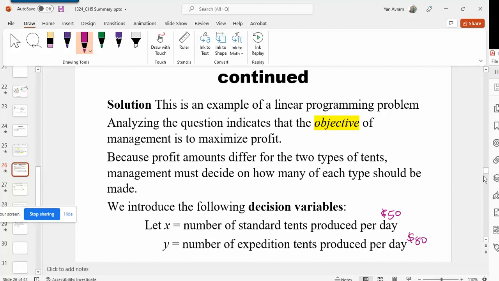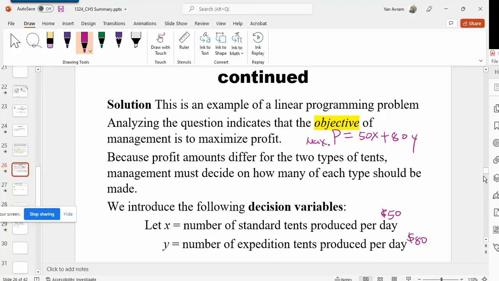So my profit function, or objective function, P, will be equal to 50x plus 80y. That's my objective function, and I want to find the maximum value for it.